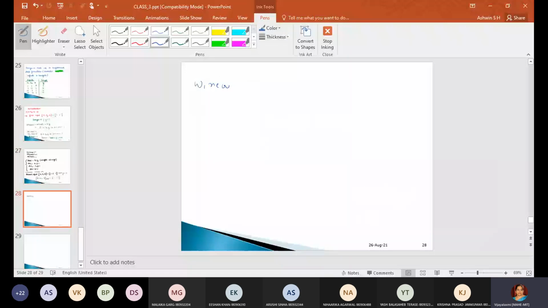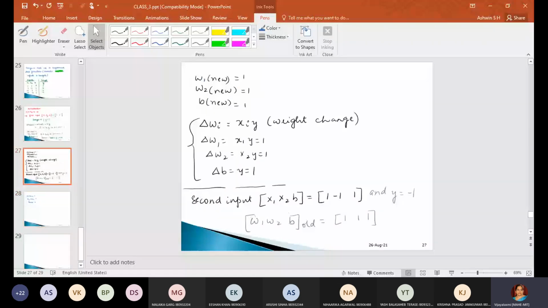You calculate and tell me what these values are for the second iteration. Here, I repeat, you have to make use of W1, W2, B old as 1, 1, 1, and Y is minus 1. Your inputs X1, X2, B are 1, minus 1, 1. So make use of the formula and tell me the values of new W1, W2 and B.